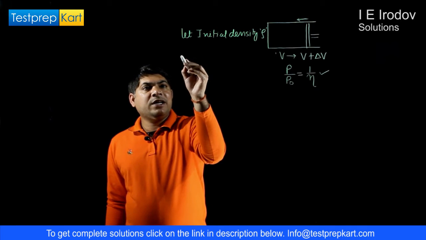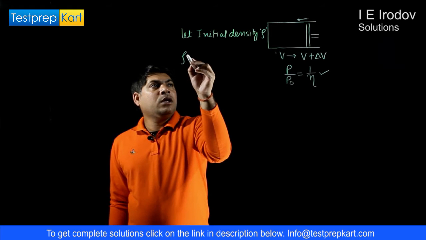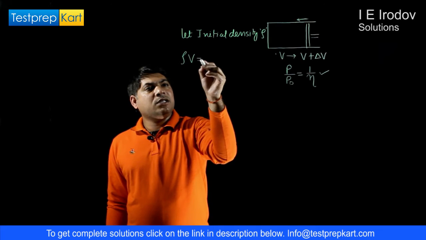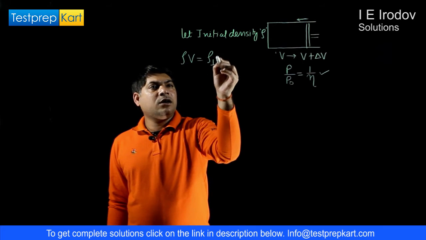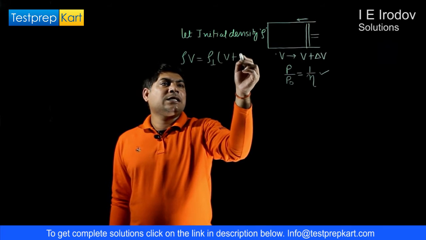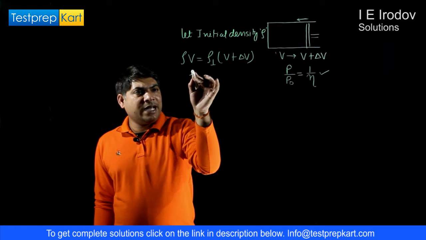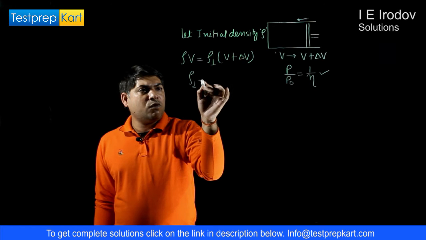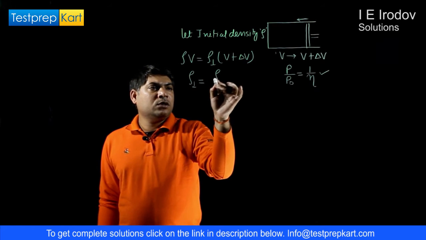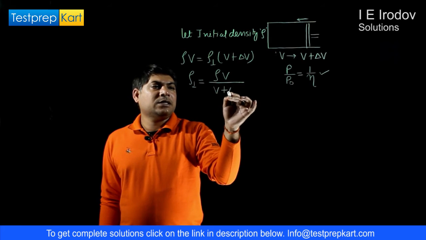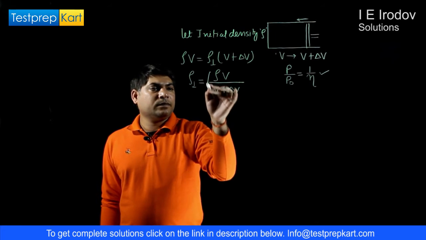So we can write rho into V, the initial volume, let the initial volume be V, is equal to rho 1 into V plus delta V. From here we can write that rho 1 is equal to rho V over V plus delta V.